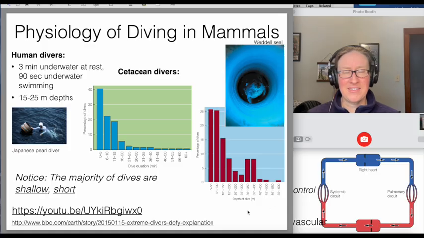And if we also examine dive depth, although most dives are fairly shallow, they can also go much, much deeper, so 600 meters compared to the 15 to 25 that a human diver could manage. So we're going to investigate what is it about the physiology of the diving mammals that allows them to stay underwater for so much longer and allows them to dive to much greater depths.